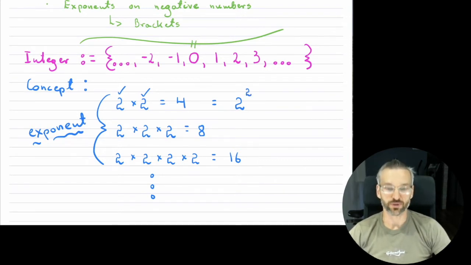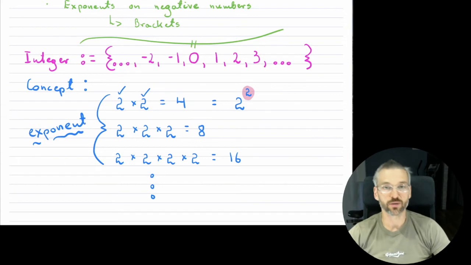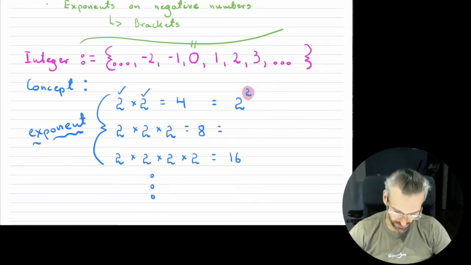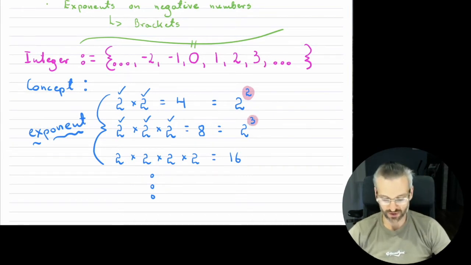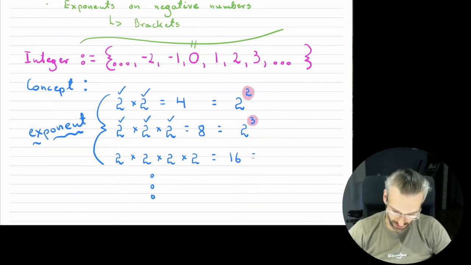That exponent now tells us how many times 2 is being multiplied. Now in the second one just below it, notice that we are multiplying 2, but we're doing it 3 times, and the exponent now becomes a 3. And you can continue with this pattern, and of course the next one would be 4.